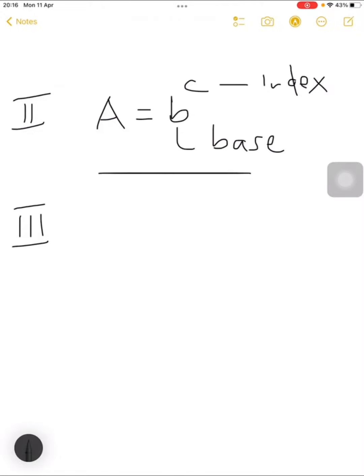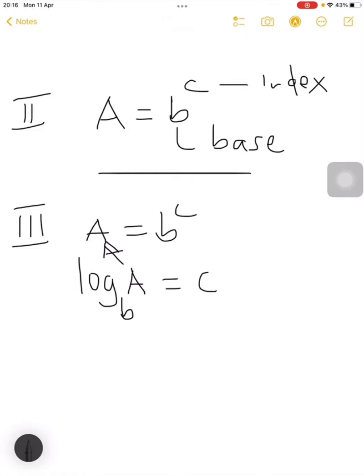Number three, for the logarithmic notation, you have a is equal to b power c. To express this in log, you say log of a, base b, is equal to c, the index. So the index is your answer, and the base is written here.